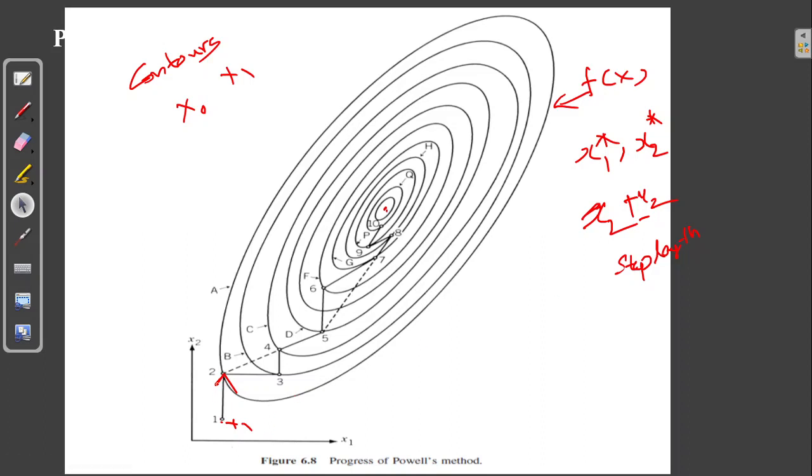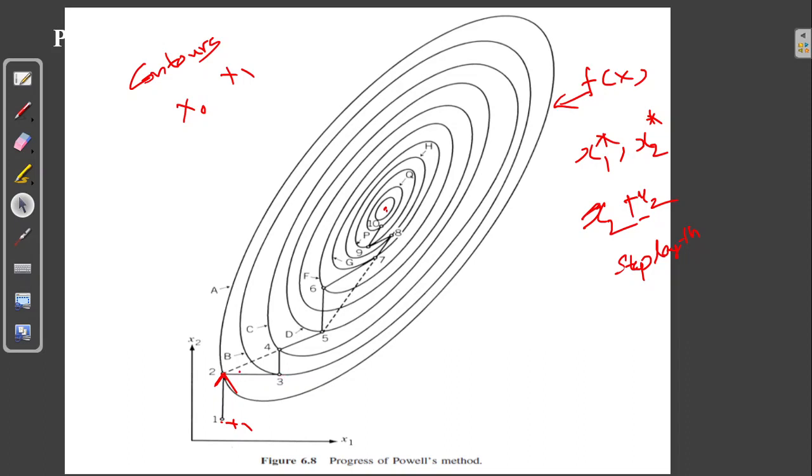So in this direction we have searched first. Then we will go in the second coordinate direction, that is parallel to the x1 axis.